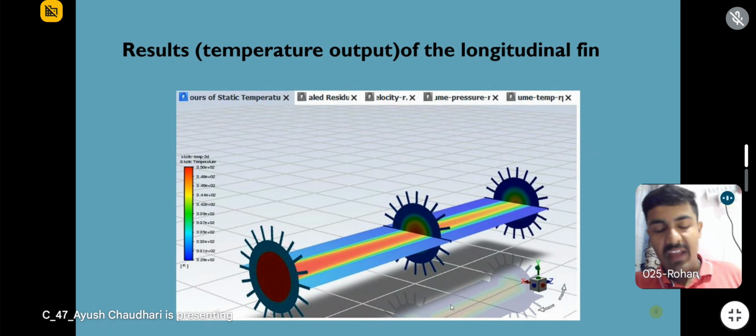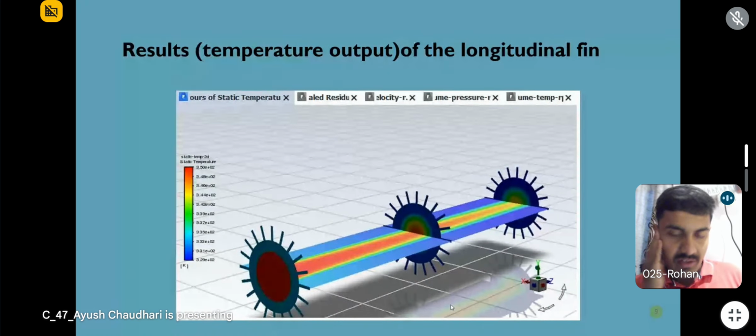Basically it is saying that the fins have the only work to convert the high temperature refrigerant into low temperature refrigerant, by means of the long fins and the triangular meshes over here.